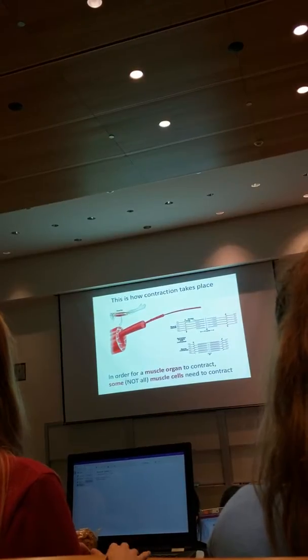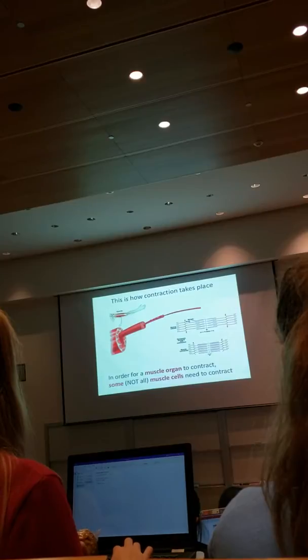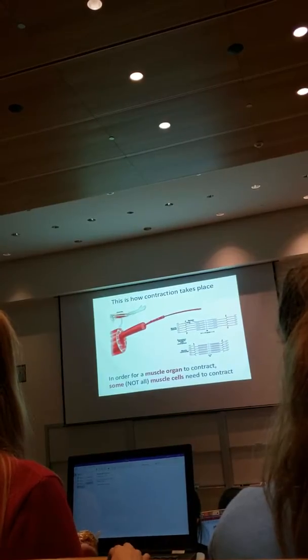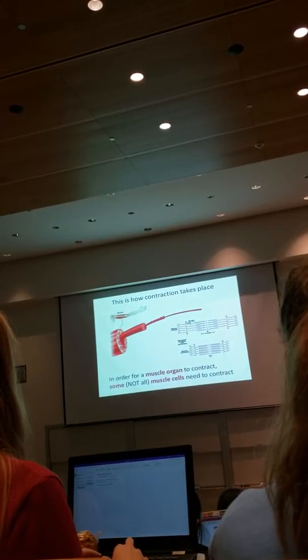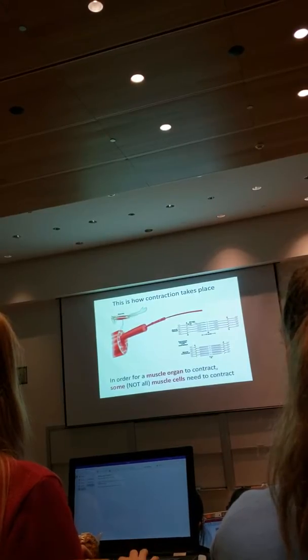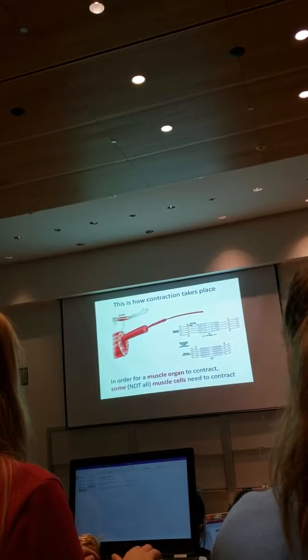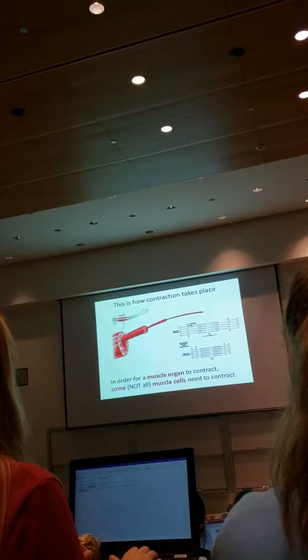All the myofilaments, all the sarcomeres, everything in a given cell contract together simultaneously. But we do not need all the muscle cells in a given muscle organ to contract. I don't need all my 1,000 muscle fibers in my biceps to contract in order for me to flex my elbow. I just need some.